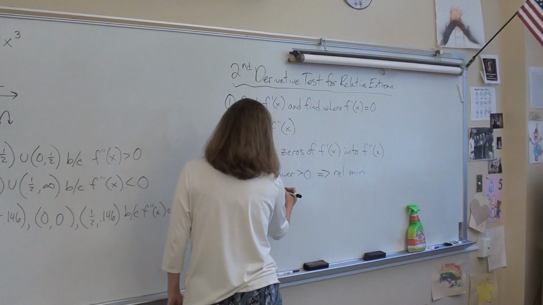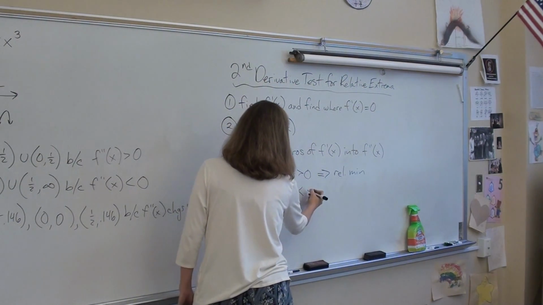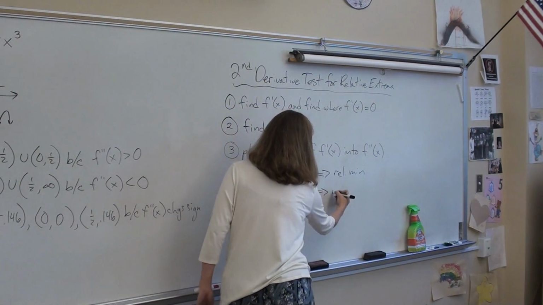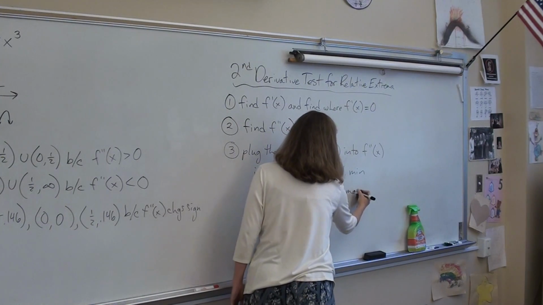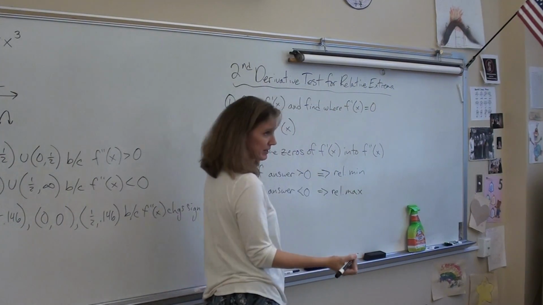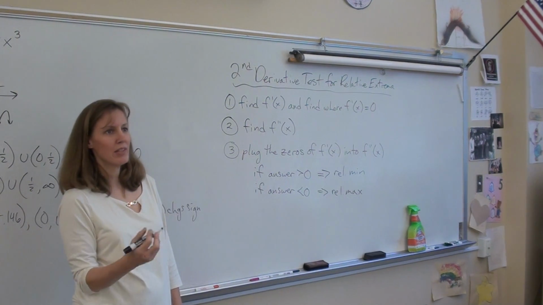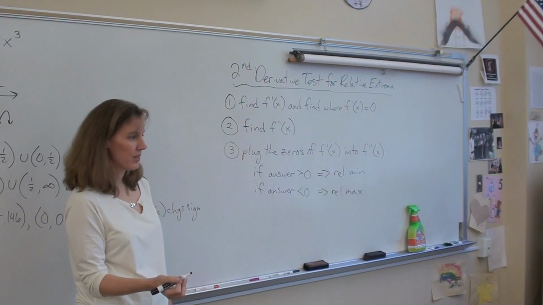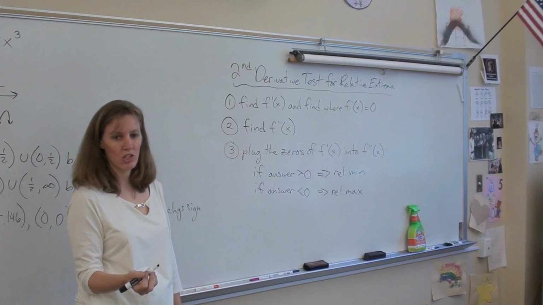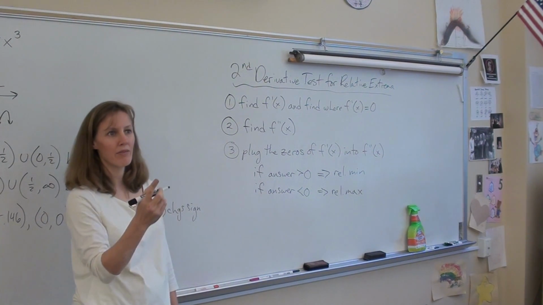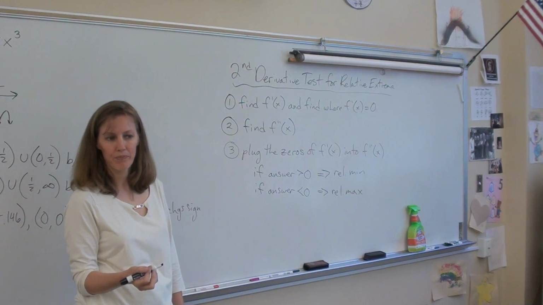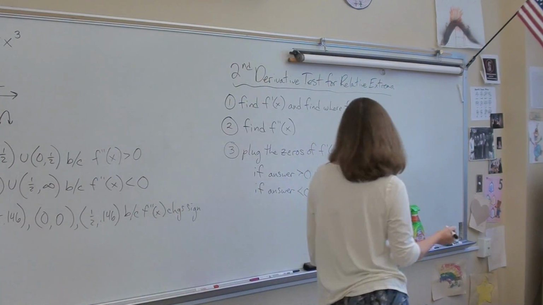If the answer is negative, this implies that you have a relative max at that value of x. Now, everything is easier with a picture. So I'm going to give you a visual of why in just a moment. And then if we have 30 seconds, we'll do an example.